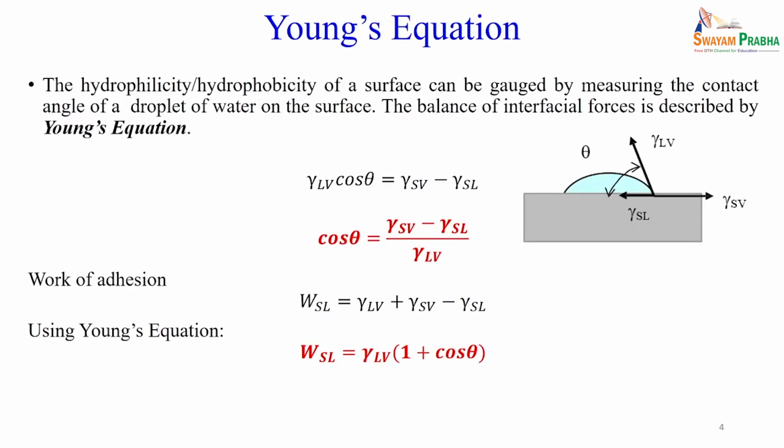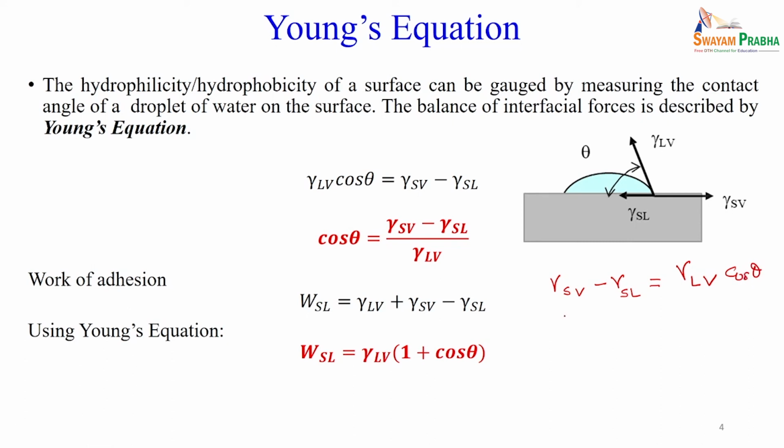So, as we see, there are three interfaces. As you know, surface tension is the force per unit length. If you simply do the force balance here, in this direction we have gamma solid vapor, in the opposite direction minus gamma solid liquid, equal to gamma liquid vapor times, if you bring it to the x axis, cos theta.